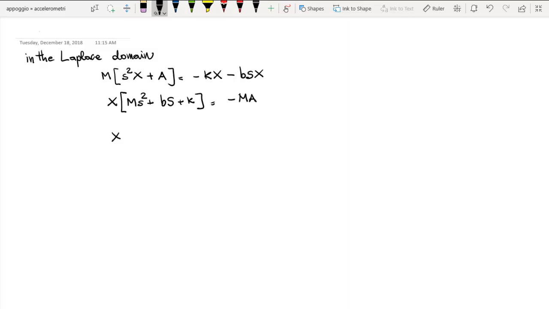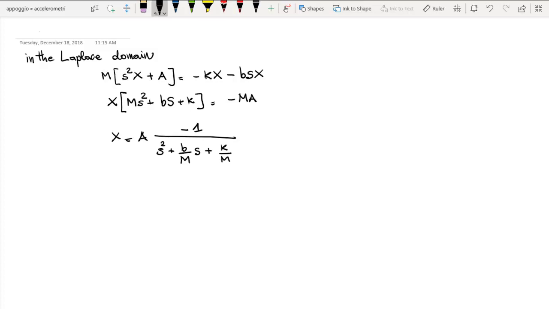So, collecting everything, we have minus 1. We can divide everything by m in order to have a high order term with coefficient 1, and then we have plus b over m times s plus k over m.